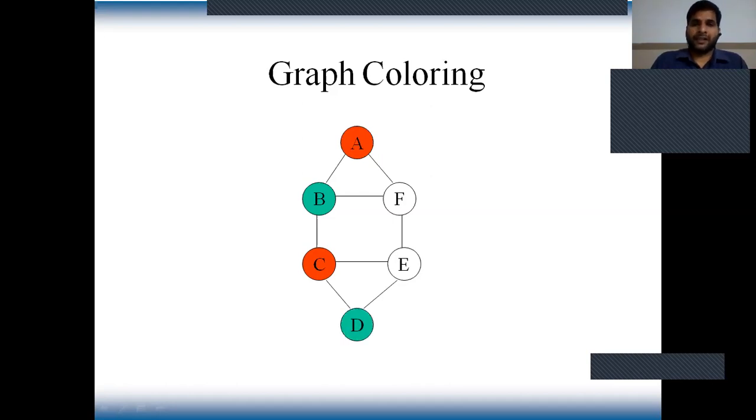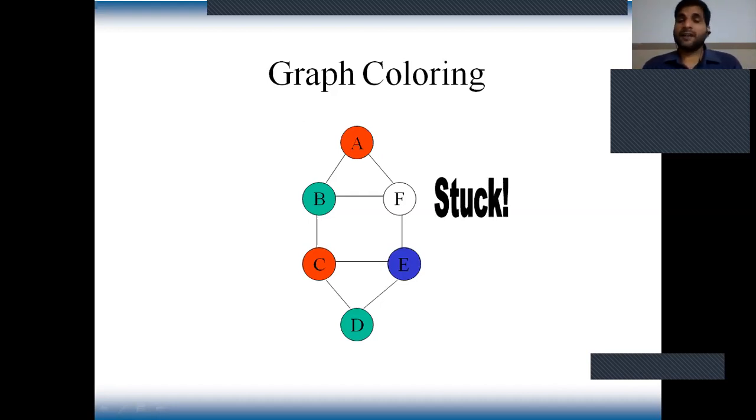Next D, then E, then F. For coloring F, we need three colors where each adjacent node is not a common color. Each adjacent node is colored by a different color. So that is the condition of the graph coloring problem.